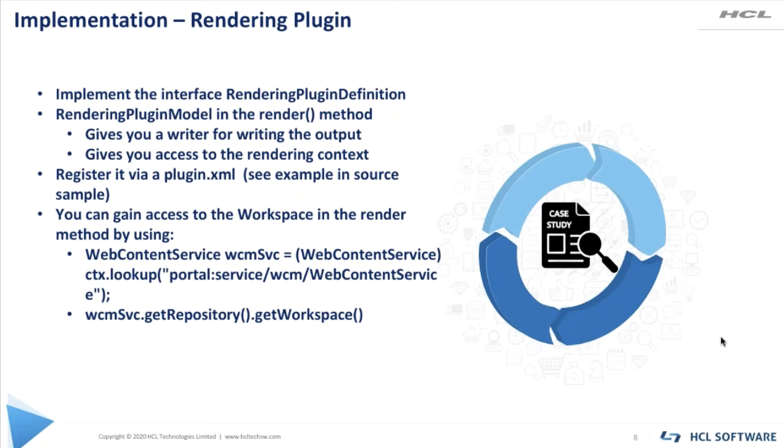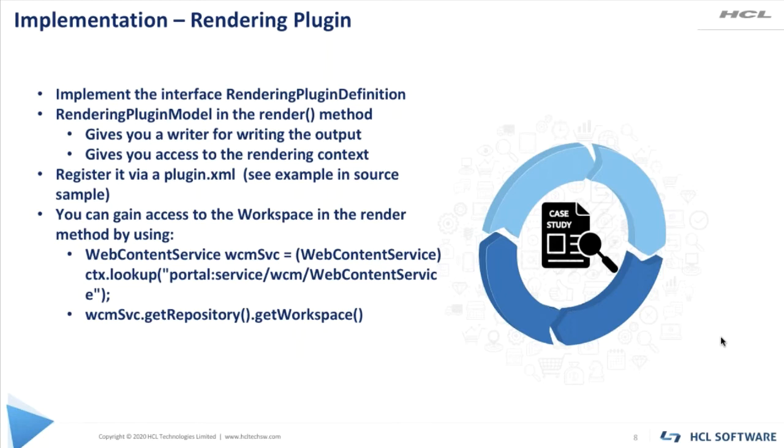For example, if I take a video, we can decide which video to play and the height and width of the display of the video, the size of the video to be displayed on the page. And this render method is the way we implement our business logic, which is to be executed at rendering time.